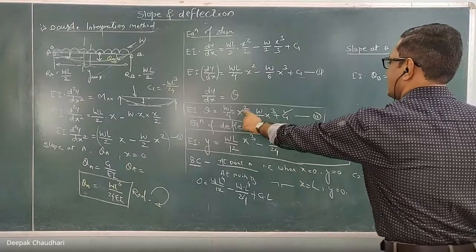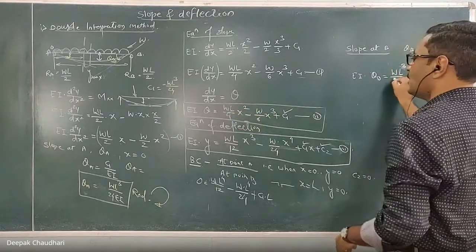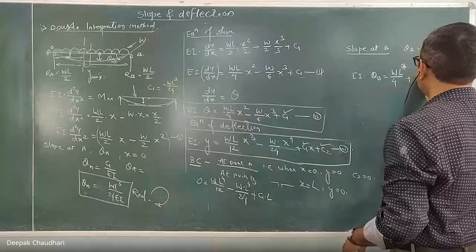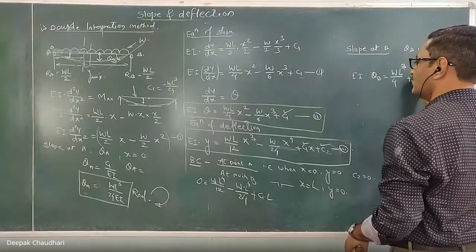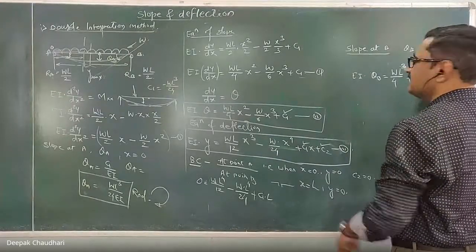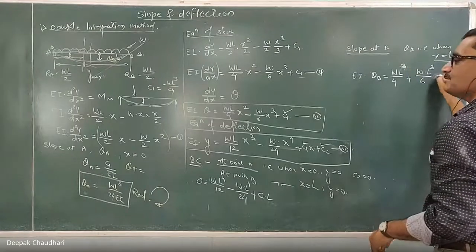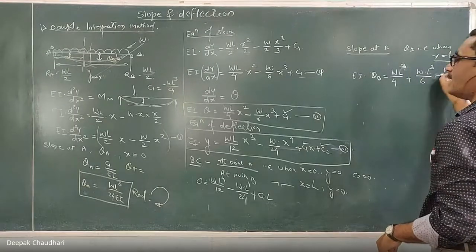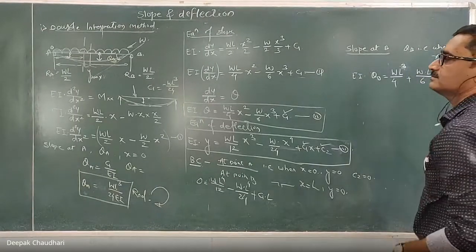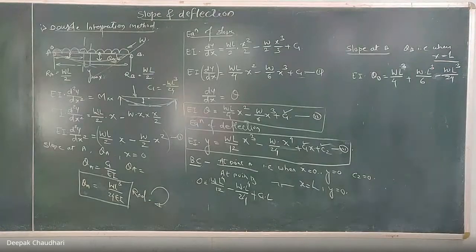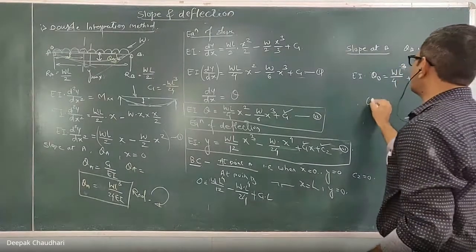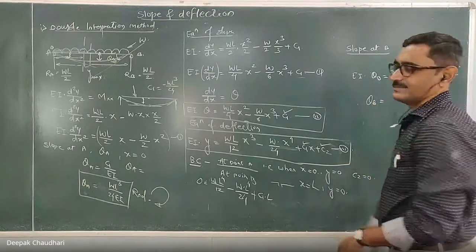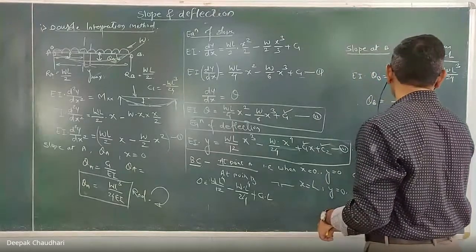So it is L square into L cube upon 4 plus W into L cube upon 6 plus C1. Here C1 is minus WL cube upon 24. If you simplify this, you will get theta B in terms of EI.